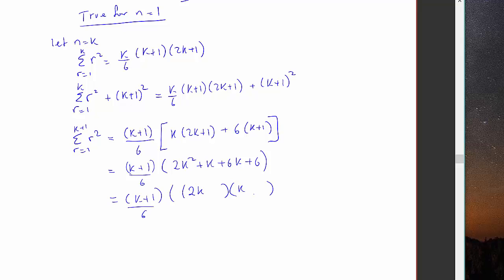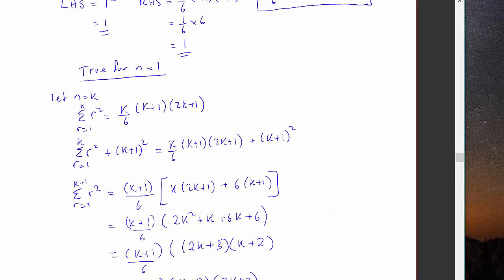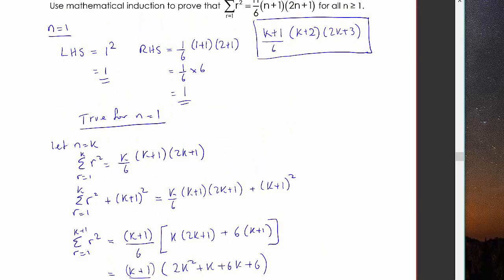So how am I going to produce 7k in the middle? So if I put 3 here and 2 here, and they're all pluses, that would do the trick. I get 2k squared plus 3k plus 4k plus 6, so that gives me that, which is k plus 1 over 6. And then I've got k plus 2, 2k plus 3, which is my target up there.